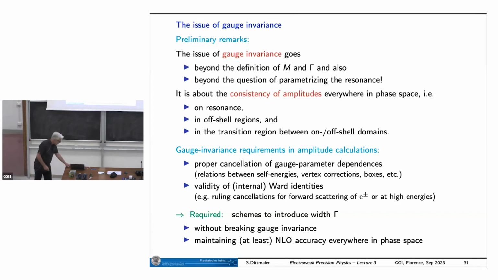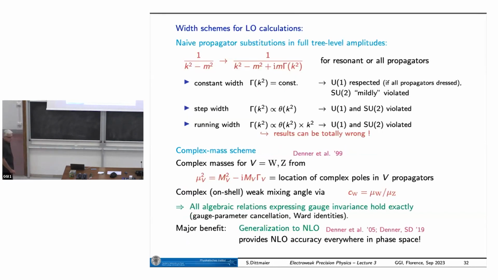Let's go one step further and look into examples of how to do this, and also how to do it in good and bad ways. What was done very early was just to take as a guideline this modification of a propagator. On the left-hand side, you simply see the free propagator that is part of your perturbative machinery.